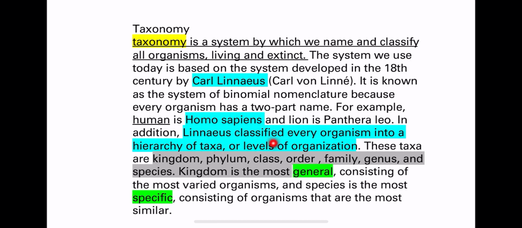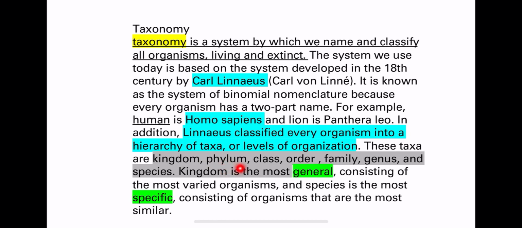Also, Linnaeus classified every organism into a hierarchy of taxa, or ordering of taxa. What's the meaning of taxa? Taxa are levels of organization. What are these taxa? Number one, kingdom. Kingdom is the most general because kingdom is divided into many phyla.